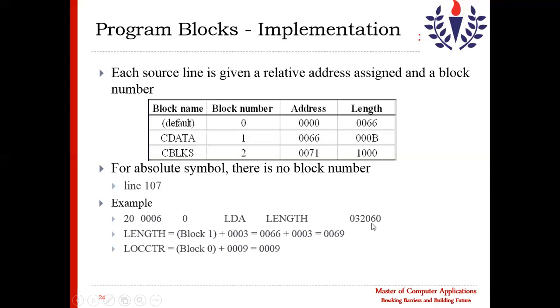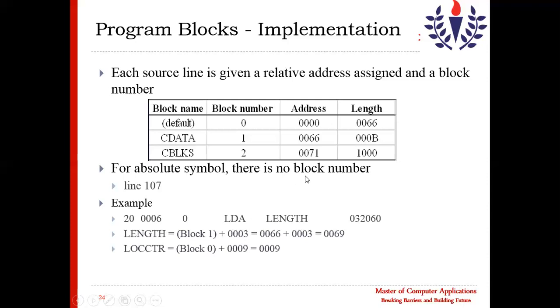So take the length of block 1, whatever block 1 has, plus 003. The block 1 address plus 003 means my new symbol will be at 0069. So this is the addition that I was explaining in the previous slide.